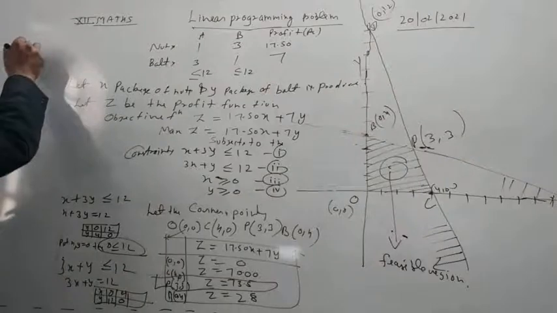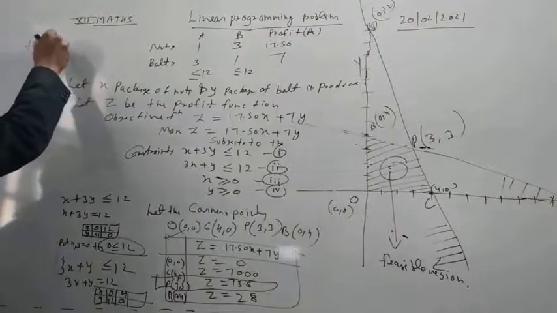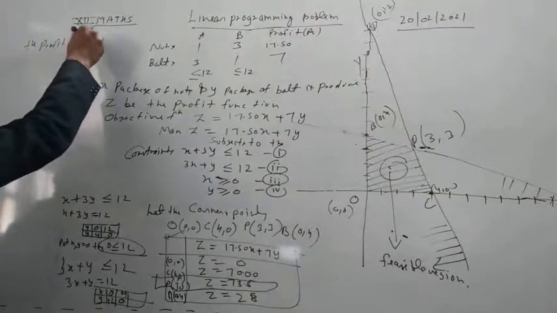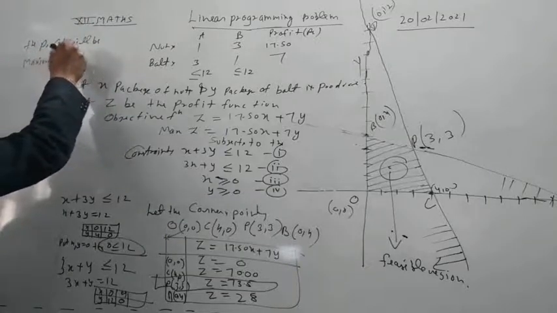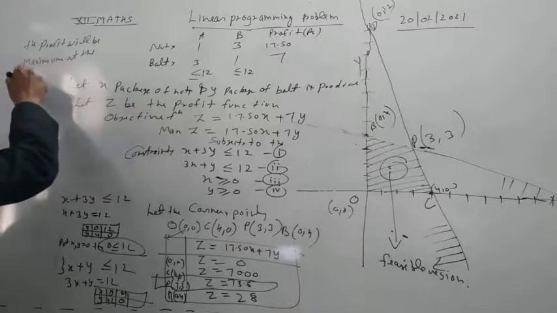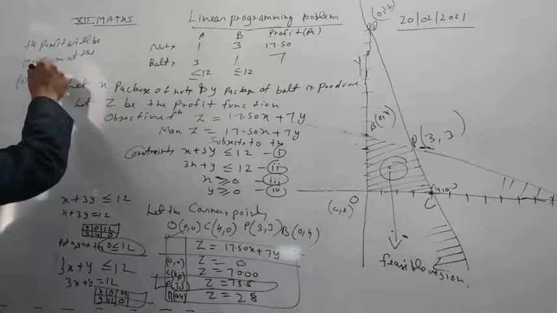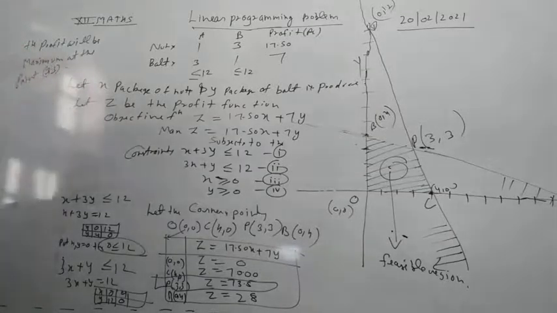So we write that the profit will be maximum at the point 3, 3. Okay.